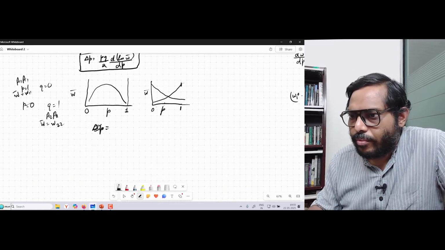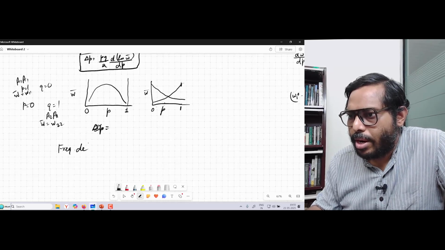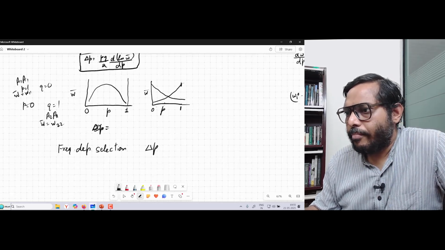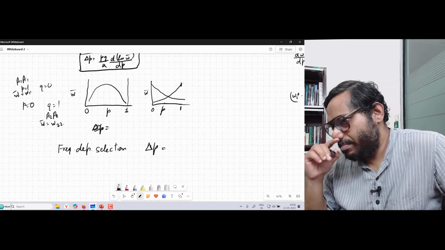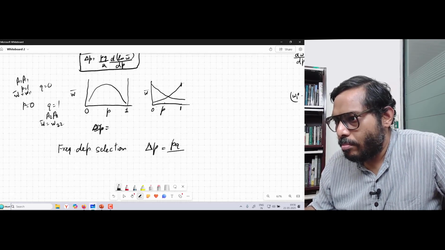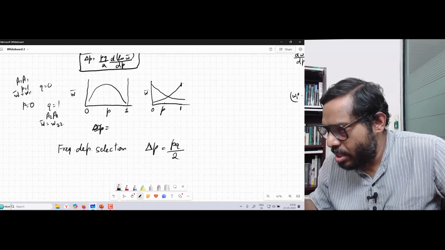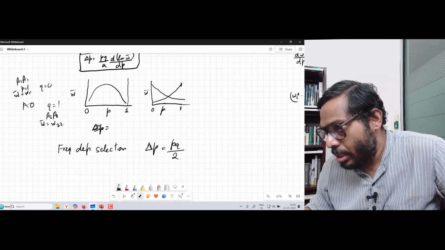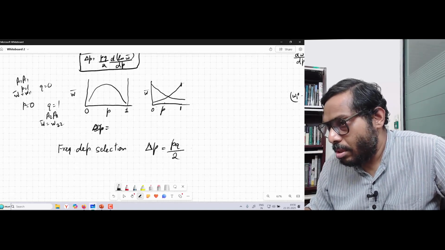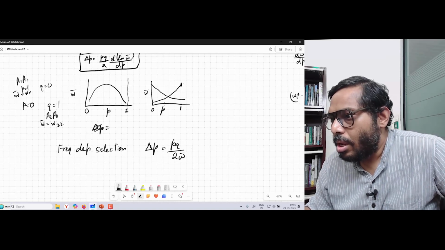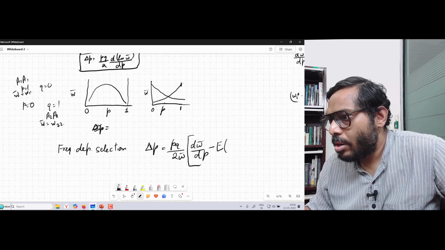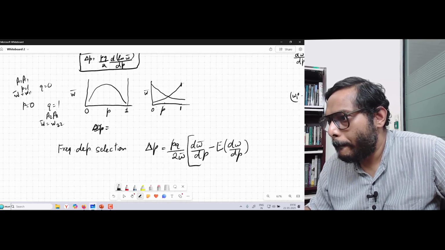For the frequency dependent selection, delta P is equal to PQ by 2, this part stays the same, PQ by 2 times the expectation, sorry, dW bar dP minus the expectation of dW dP, right.